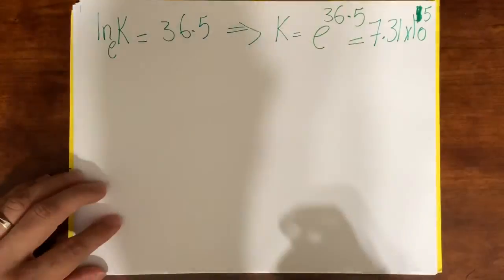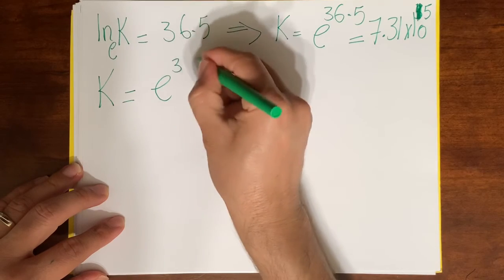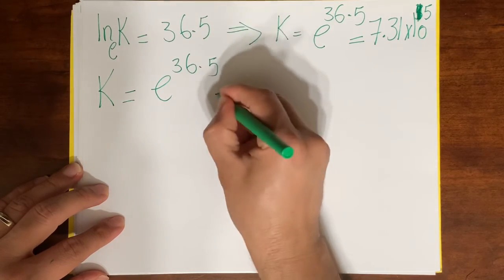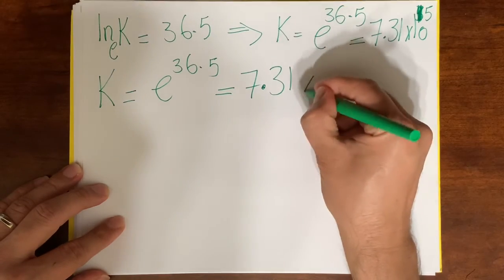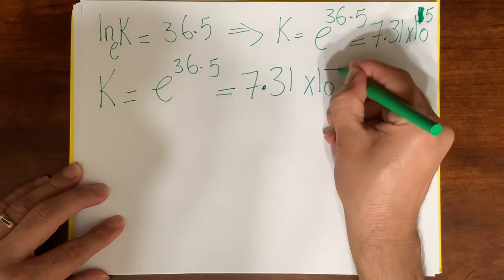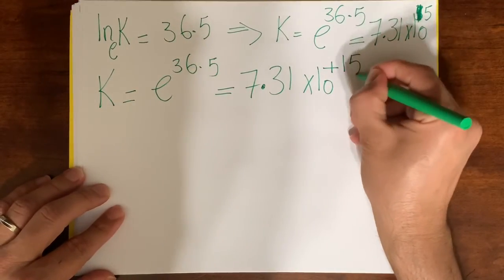Okay, so K is equal to e to the power of 36.5, which is equal to 7.31 multiplied by 10 to the power of plus 15.